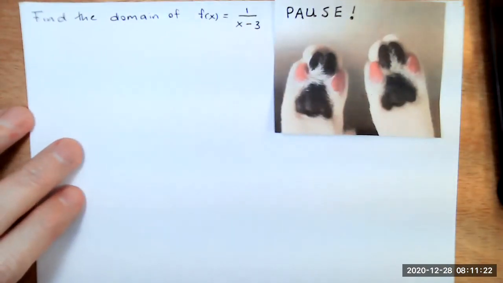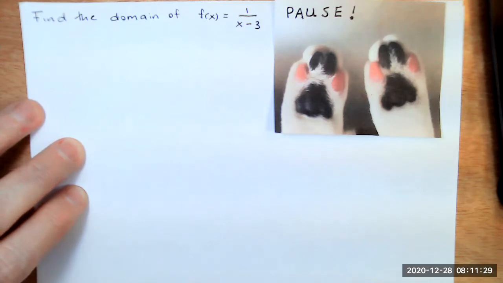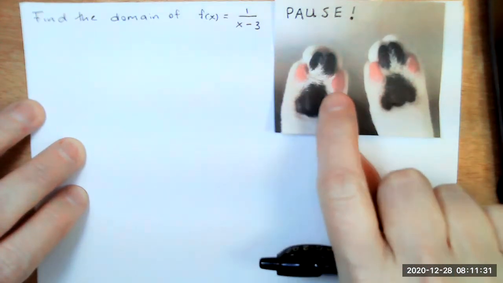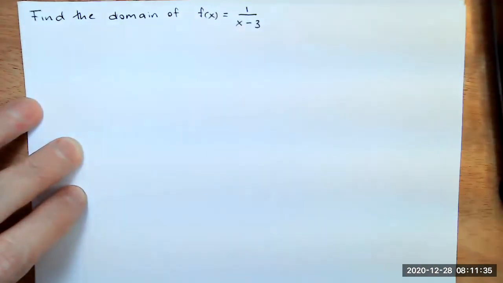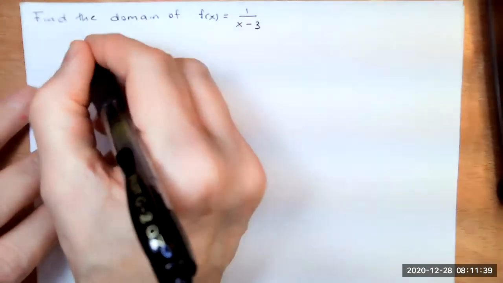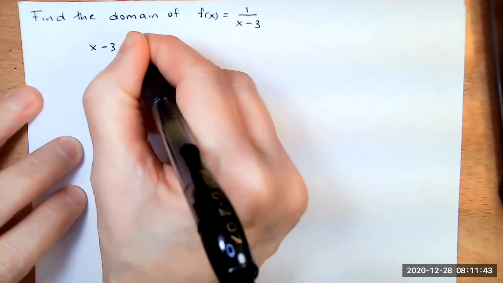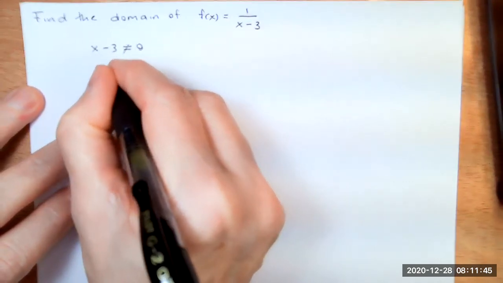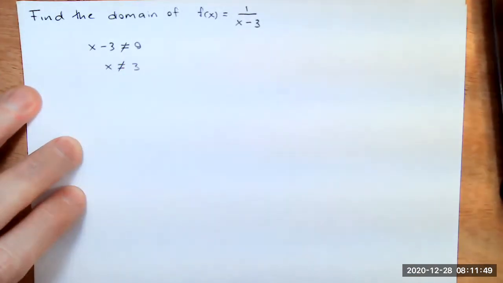Let's try another. All right, can you find the domain of f of x is 1 divided by x minus 3? Try that one on your own. So remember, you cannot divide by 0. So x minus 3 cannot equal 0. That means x cannot equal 3.